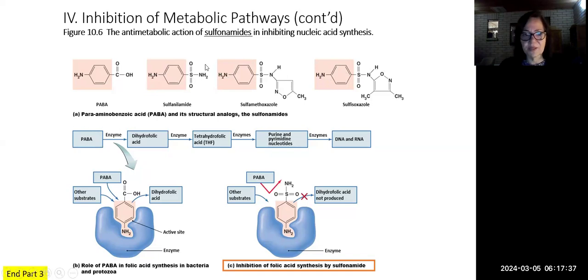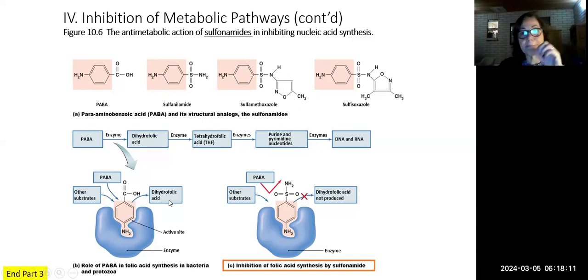And why this all matters is that this part of PABA fits into the active site of a particular enzyme. And the processing or the job that this enzyme does on PABA will only work if the amino group and the benzene ring can fit here in this active site. And then you're supposed to process it.